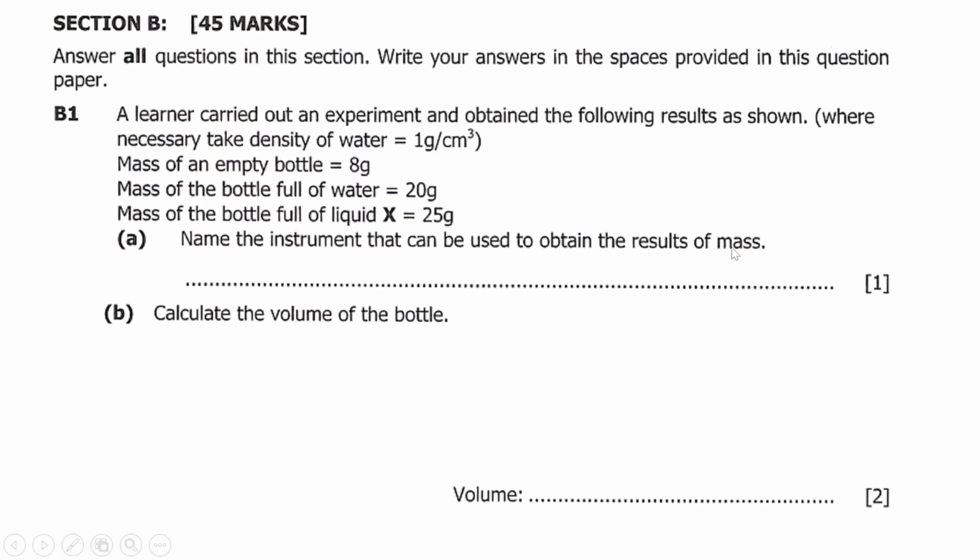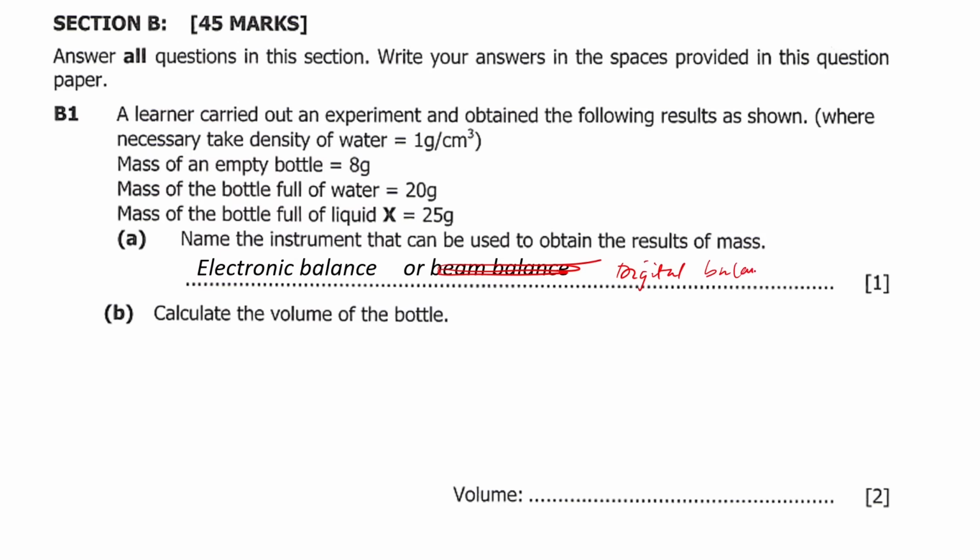So the instrument which we can use to measure mass is either an electronic balance or a beam balance. But in this technological world, you can say electronic balance or digital balance. The beam balance is no longer in use, so we need to phase it out.